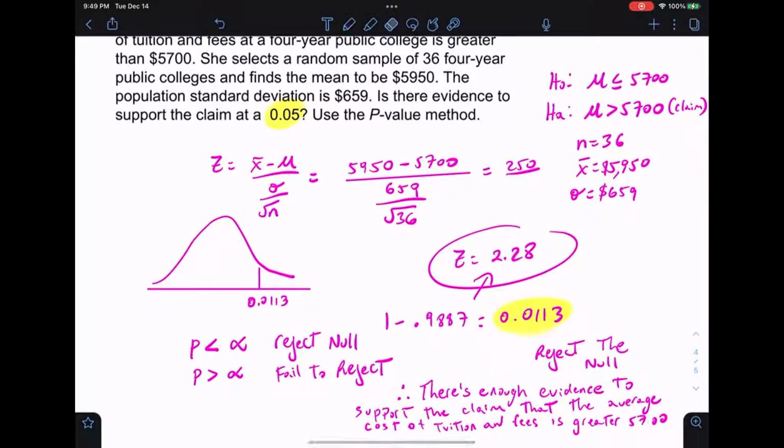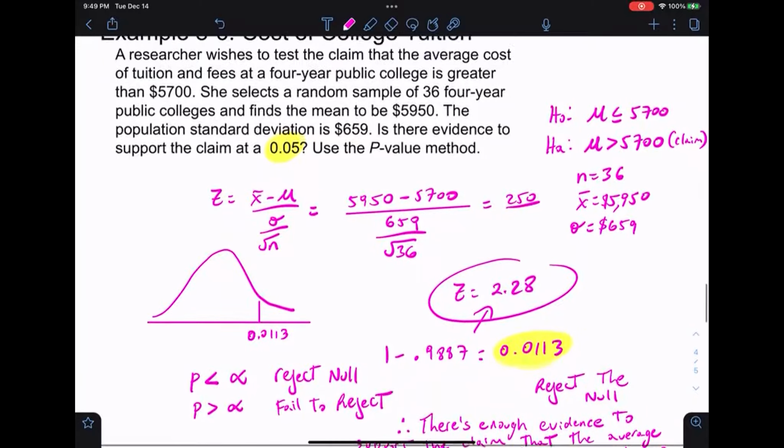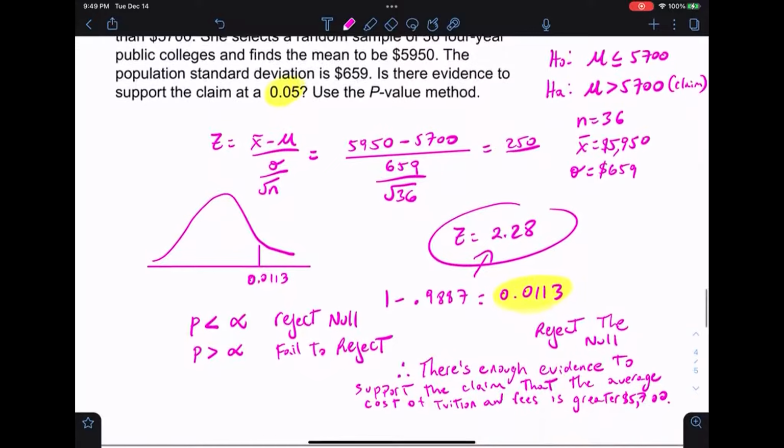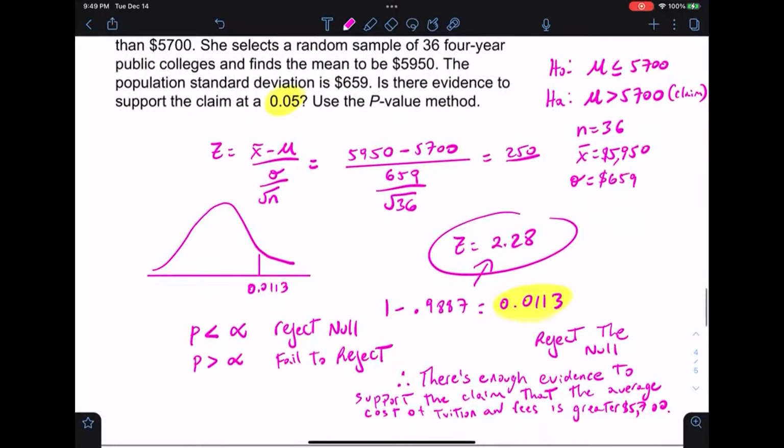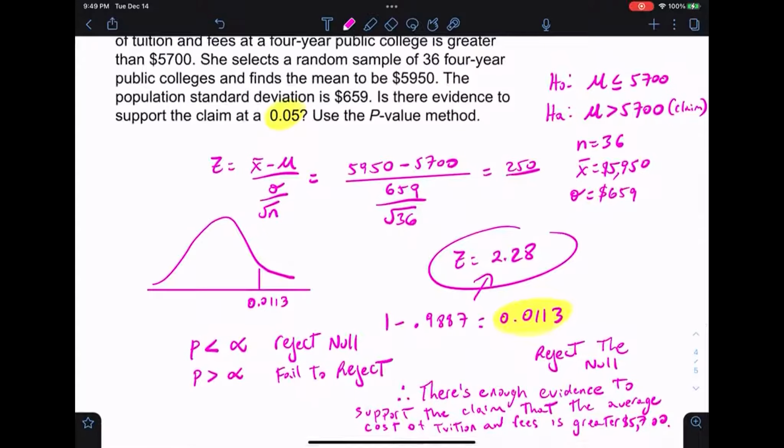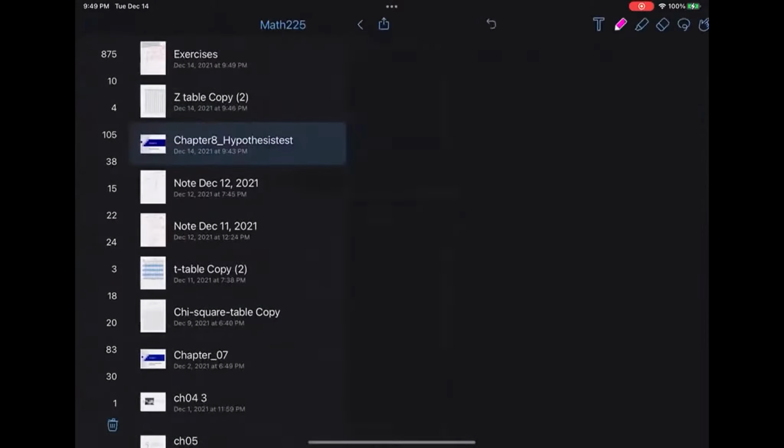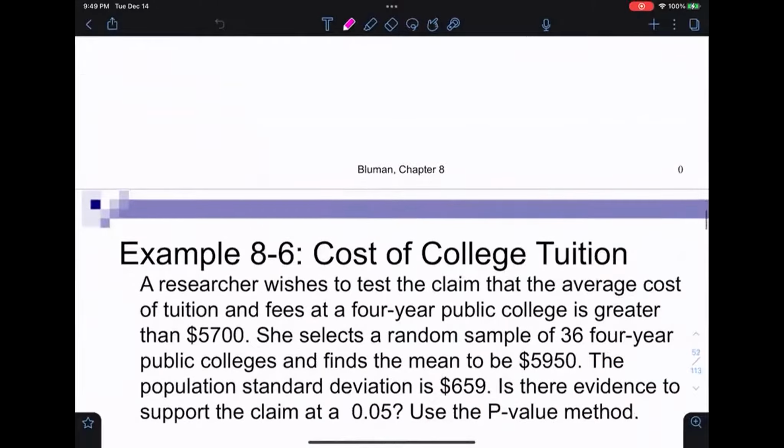I'm not going to do it all over, but you get the point. This is what they're trying to tell you. That's all you have to do. You reject the null if your p-value is less than alpha. If your p-value is greater than alpha, don't reject. That's what's on your slide.